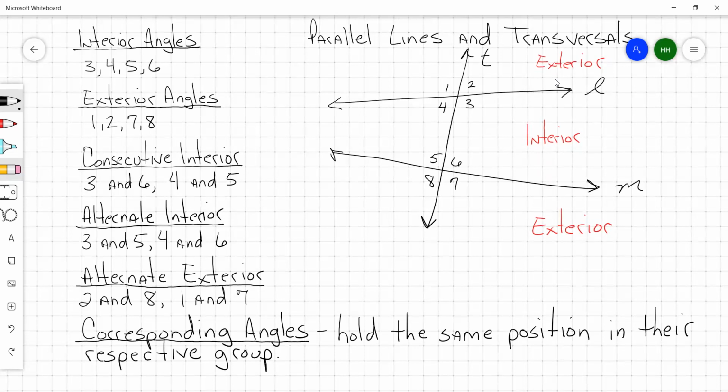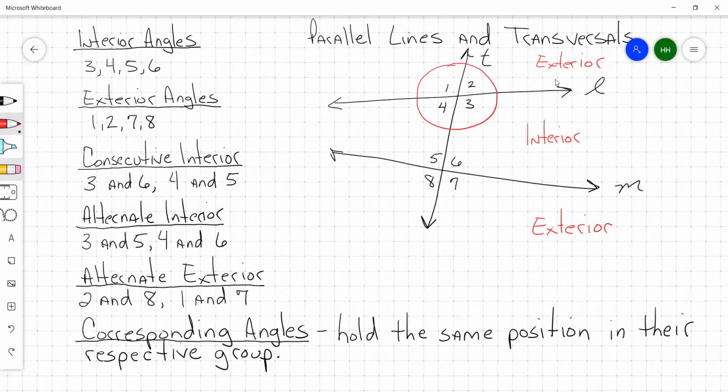Corresponding angles hold the same position in their respective group. What that means is, do you see how you have this group of 4 angles up top?